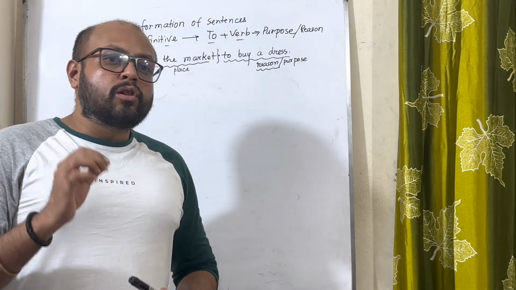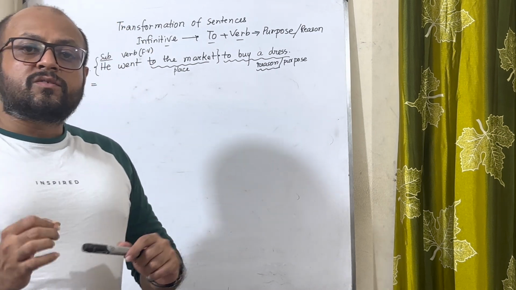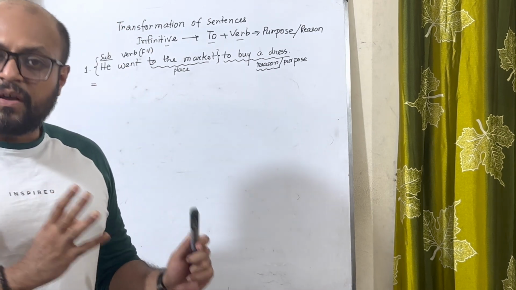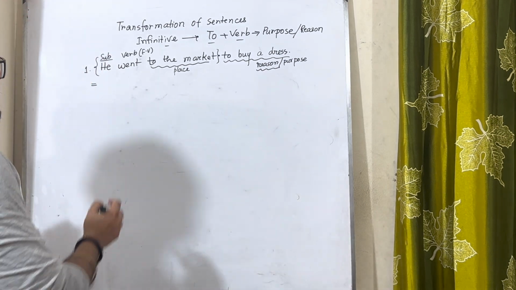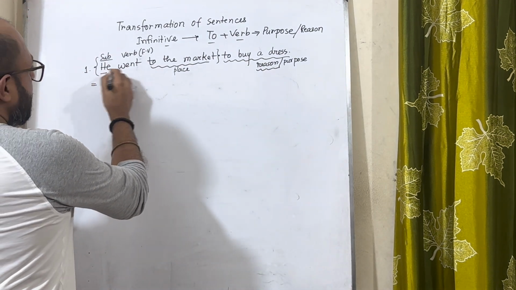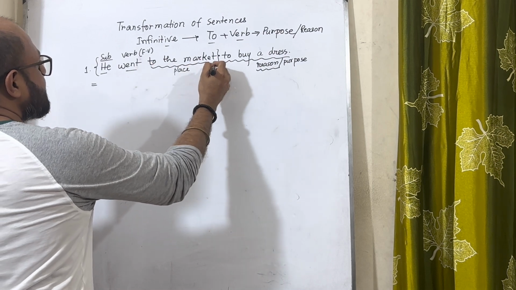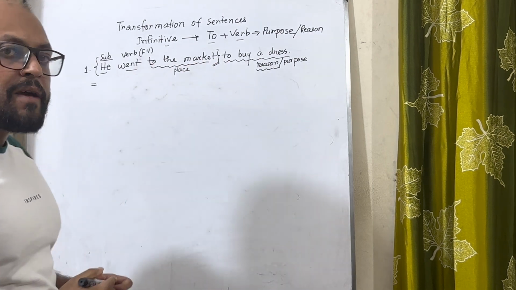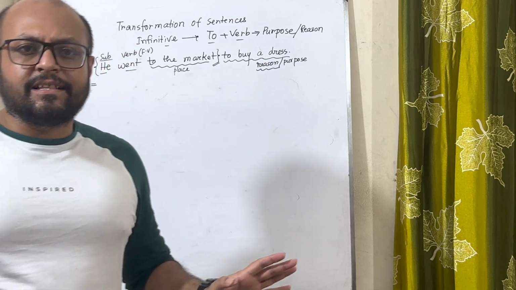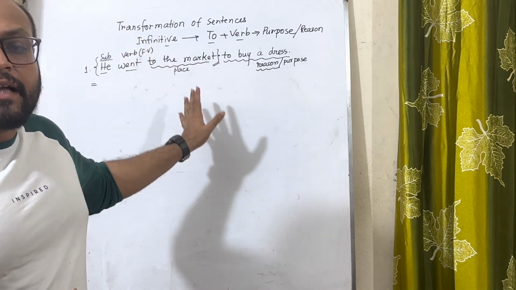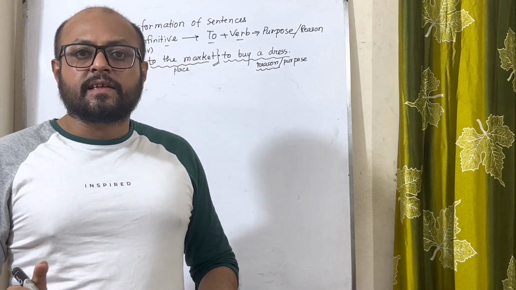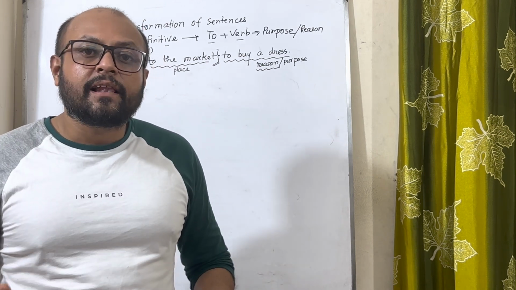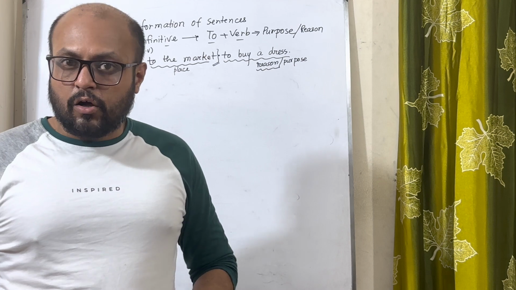Well, we all know that a complex sentence has two clauses, principal clause and subordinate clause. So if we go through the sentence, he went to the market, this part is making complete sense, and that is the reason this part will become my principal clause.